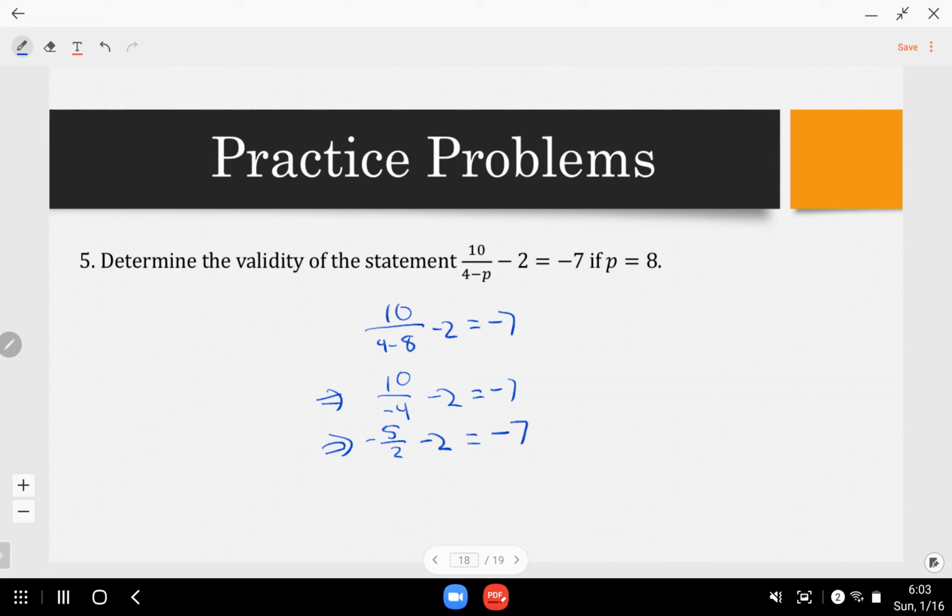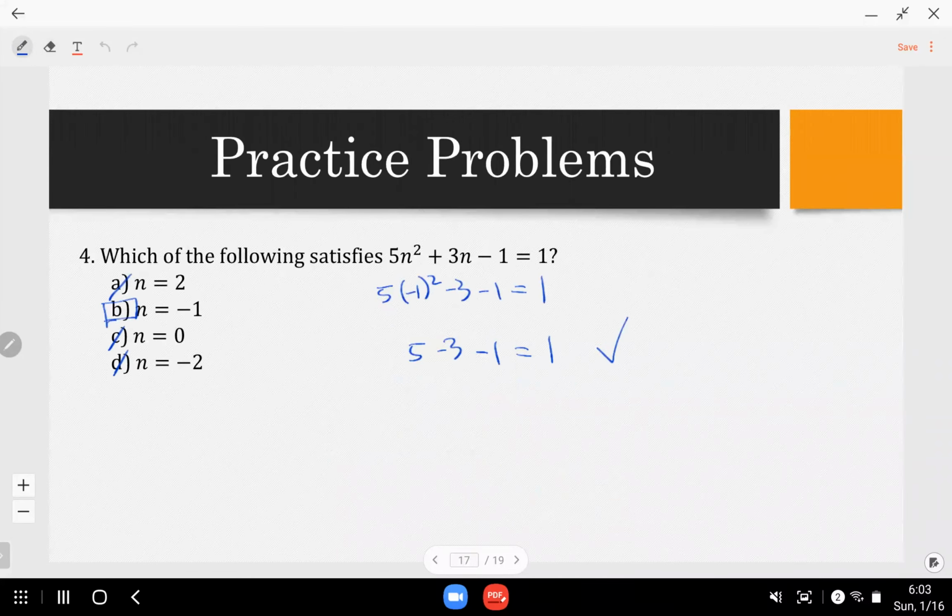Now we don't even need to finish solving this because obviously it's not going to be equal, right? It's not going to be equal, so the answer is false. All right, so that is going to be our answer. False. Can I see the previous slide? Previous slide. Okay, previous slide.